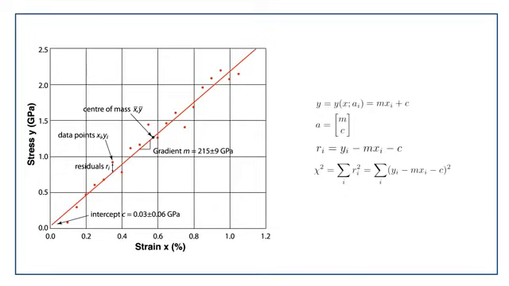Then I can take a measure of the overall quality of the fit, being a quantity I'll call chi-squared, which is the sum of the squares of the residuals r. I do this so that I penalise both data that are above and data that are below the line. I don't want the pluses and minuses to net off against each other. Also, I really want to badly penalise data items that are a long way away from the line. And then I'm going to try and find the best chi-squared possible, the one that's lowest.